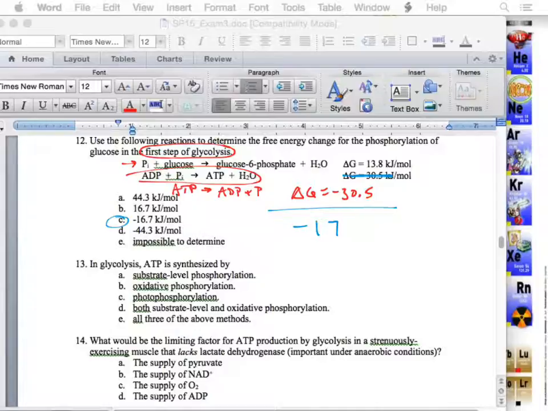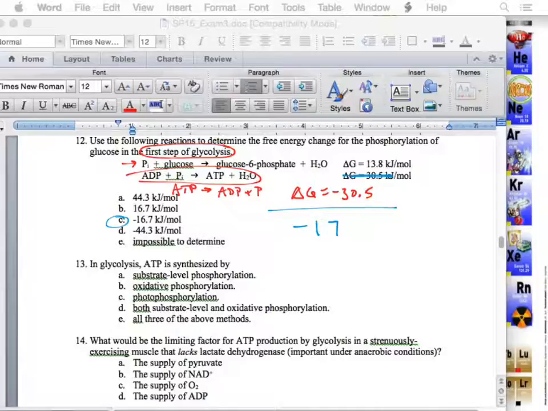In glycolysis, ATP is synthesized by substrate level phosphorylation. We need some kind of phosphorylation, and look at that, I had to make up some kind of terms to do some phosphorylations in there. What is photophosphorylation? Light is somehow being involved. I'm pretty sure I just made that up. It probably is in chlorophyll, the formation of ATP in chlorophyll.